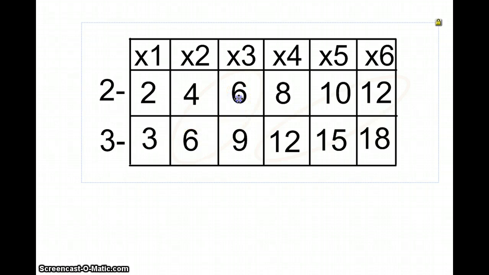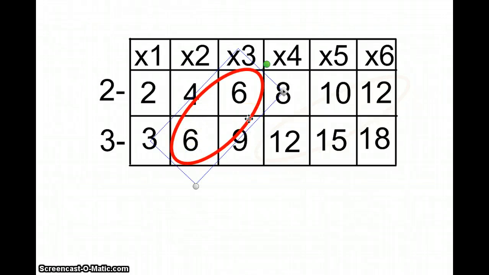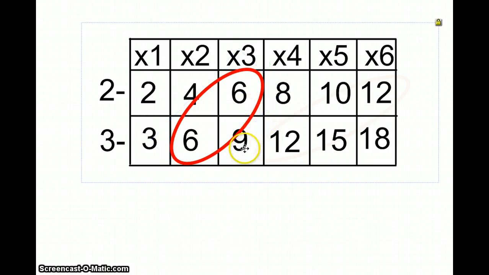I have a 6 in my multiples of 2, and I have a 6 in my multiples of 3. So that tells me that 6 is a common multiple of 2 and 3. Here I have a 9, but not in 2. I have an 8, but not in 3. So if I keep going, now I find that there's a 12 in the multiples of 2, and there's a 12 in the multiples of 3.